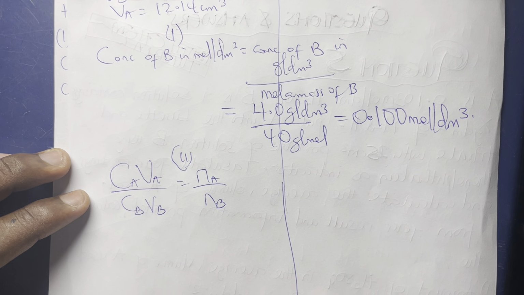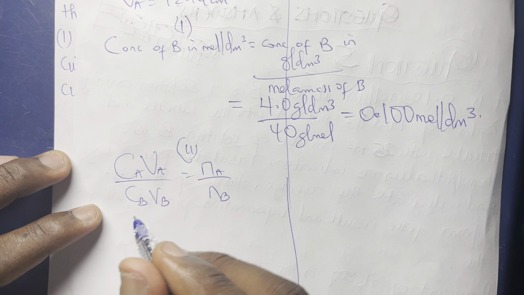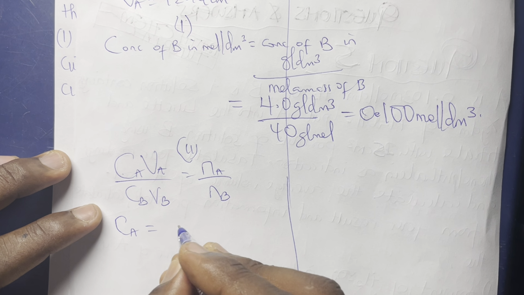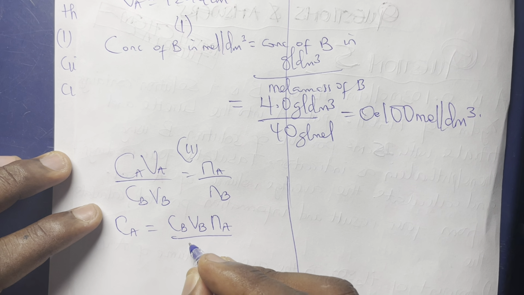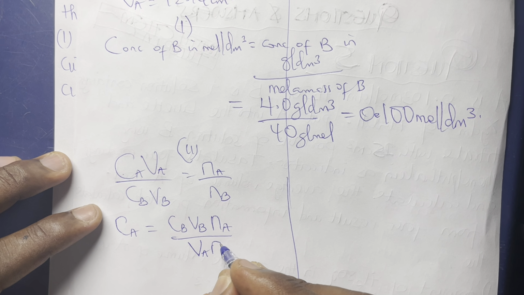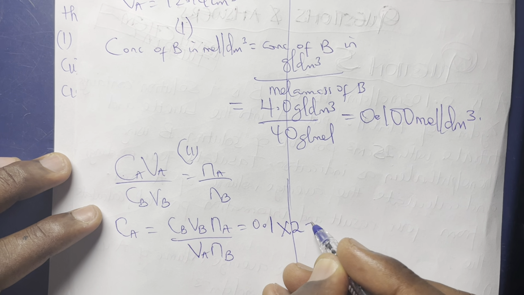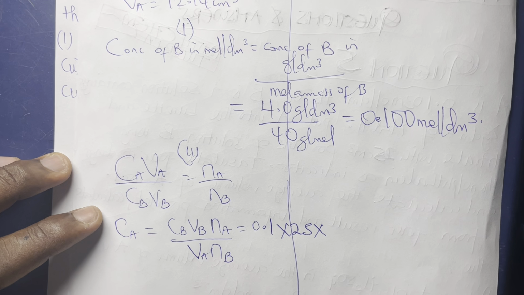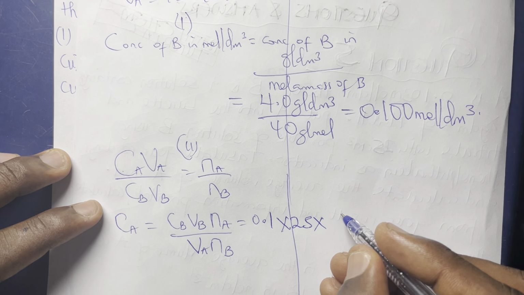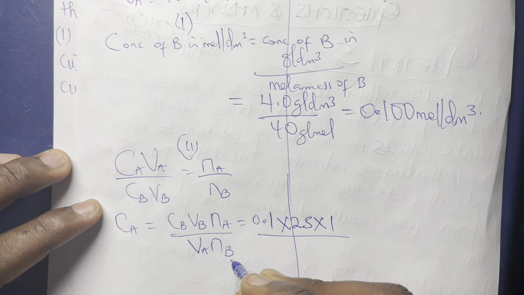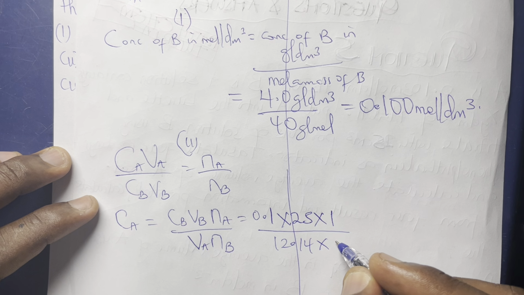You are looking for CA this time around, right? So CA equals CB VB NA over VA NB. What is CB? 0.1. What's VB? 25. What is NA? The number of acid is 1 and the number of base is 2 from the equation of the reaction. So NA is 1, VA is 12.14 and NB is 2.